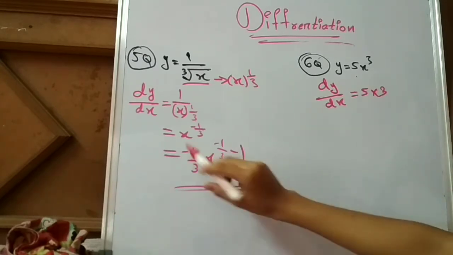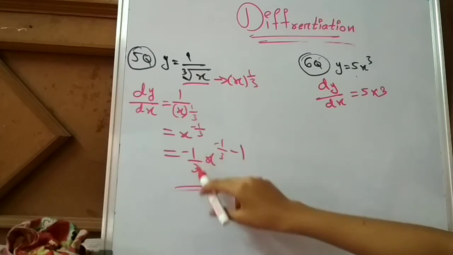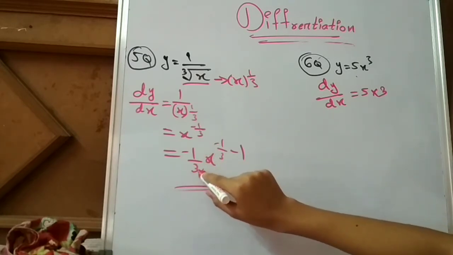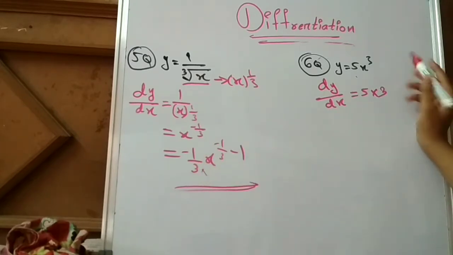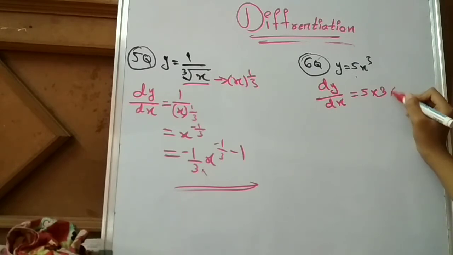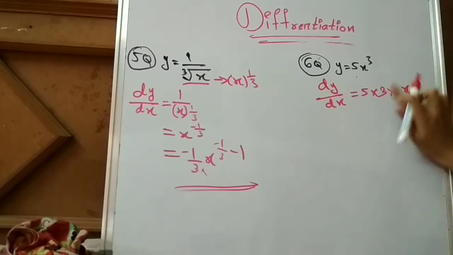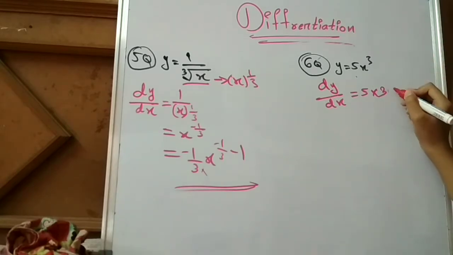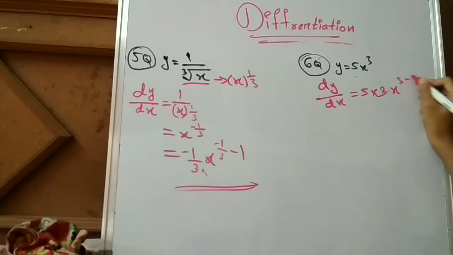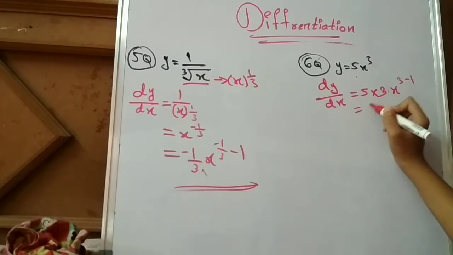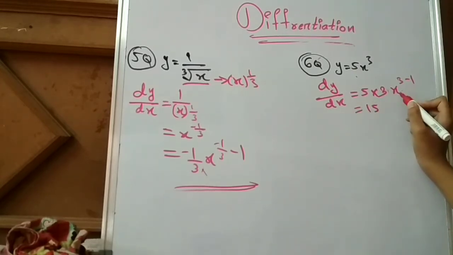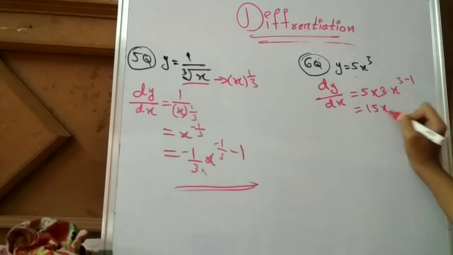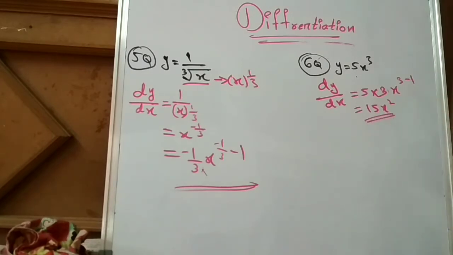When you keep x, it is multiplying, right? So 3x to the power of 3 minus 1, so that will be 15. 5 times 3 is 15. x to the power of 3 minus 1 will be 2. 15x square will be the answer. Simple, right?